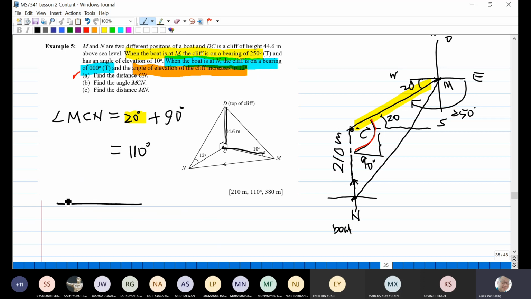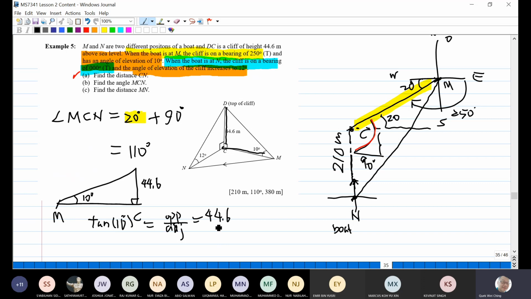You have M here, C here, the height is 44.6, and the angle given here is 10 degrees. So tangent 10 is opposite over adjacent, which is 44.6 over MC.